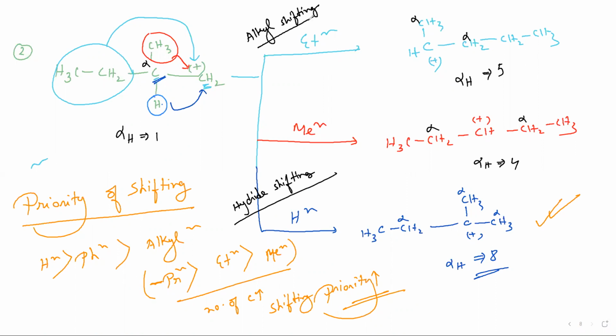Is it clear? Next, in the shifting case, what procedure will follow? Suppose for example, this one is a group CH3, CH2, CH3, H. I am taking the previous example. Which one is the most shifting priority? When hydrogen is shifted here, we get the most stable carbocation.